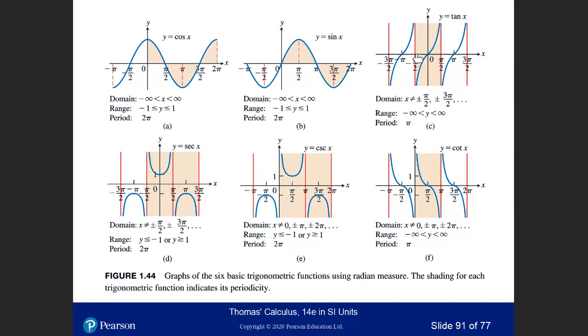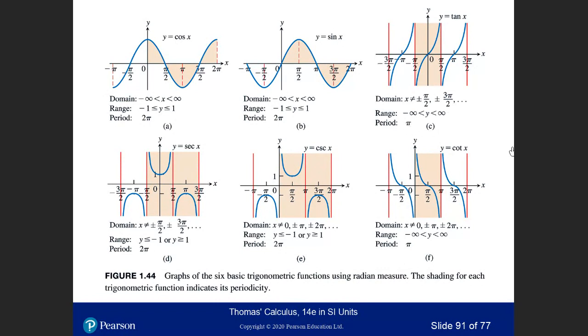Minus pi over 2, plus pi over 2. It goes to infinity here and minus infinity. Its range is minus infinity to plus infinity. And its period is pi.